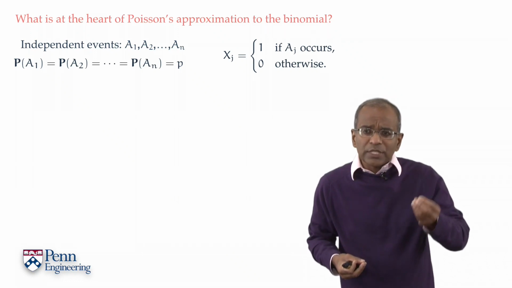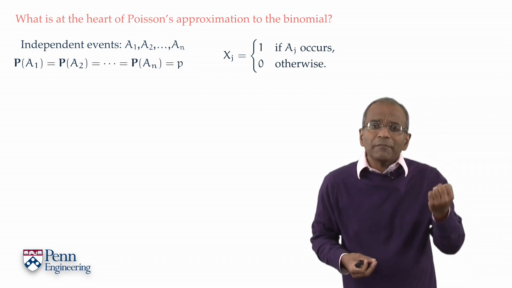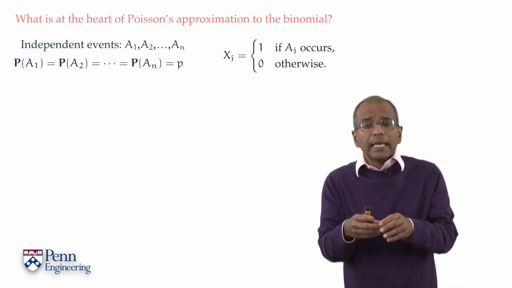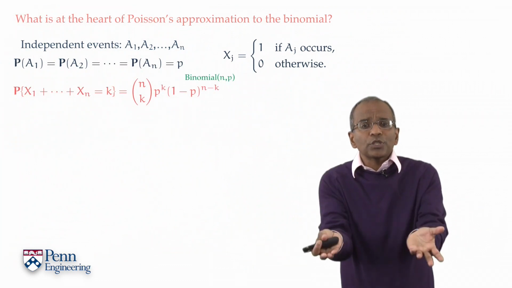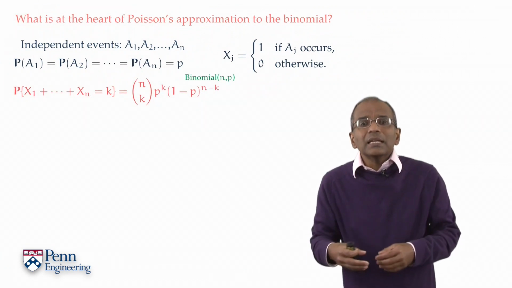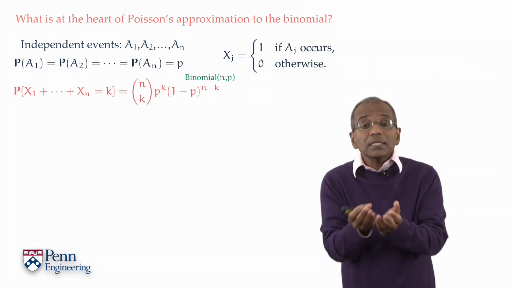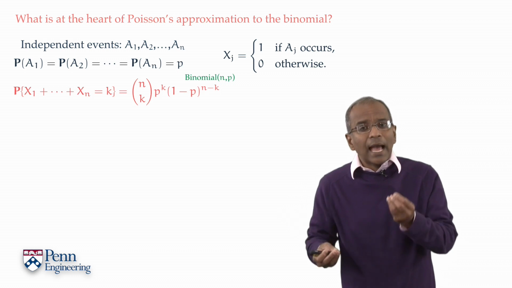We promptly introduce the idea of an indicator which captures whenever an event occurs. And our discovery was that the inclusion-exclusion formula promptly drops the binomial distribution into our laps. The number of occurrences of these independent events is governed by the binomial distribution with parameters n and p.